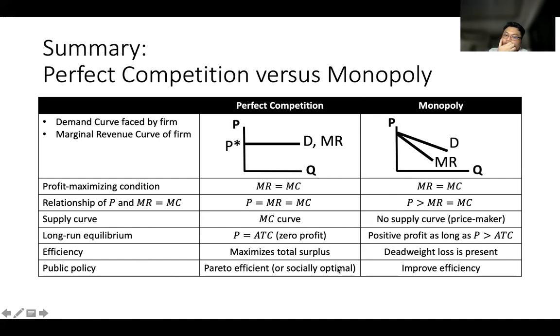On efficiency, perfect competition maximizes total surplus, but due to monopoly pricing, there's deadweight loss, as we discussed earlier. And lastly, what's the public policy for perfect competition? If there are no market failures, or if market failures are less than government failures, then do nothing, right? Let the markets be.